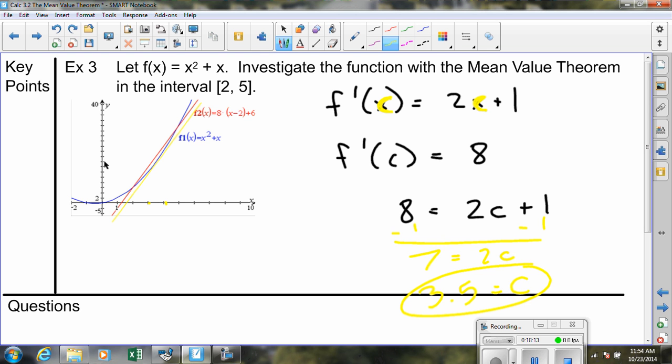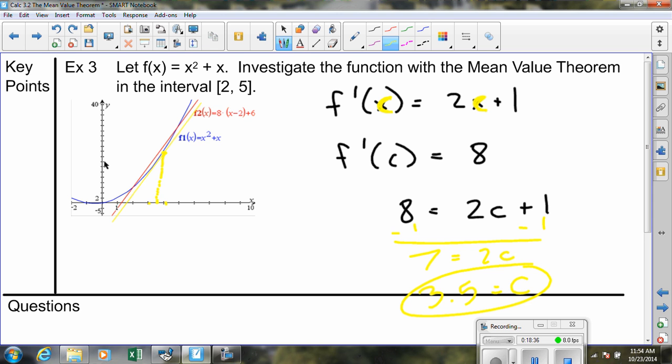At 3.5, we would be able to come straight up and say right here, that's where we have this tangent that is parallel to our secant line. That's the mean value theorem. There is some tangent line that will be parallel to the secant line.